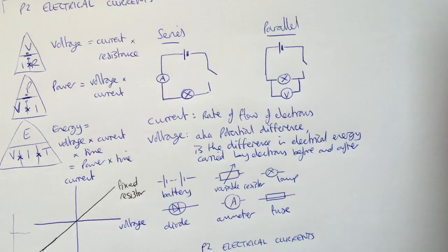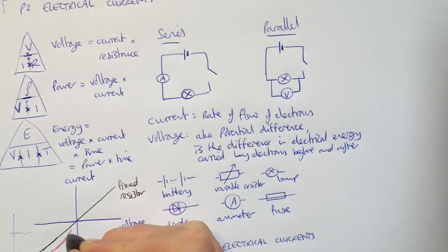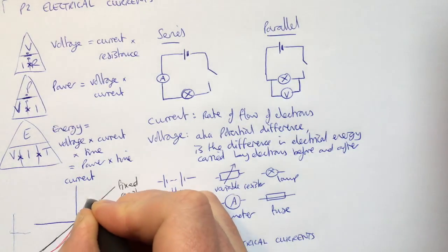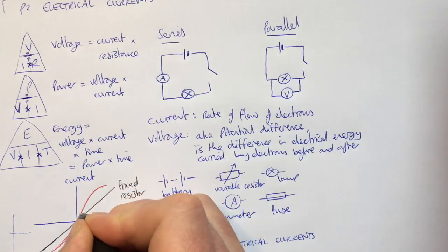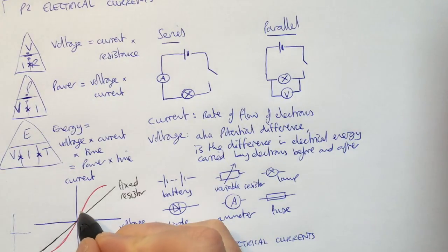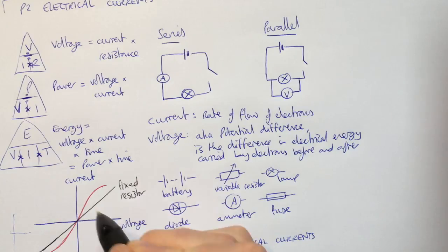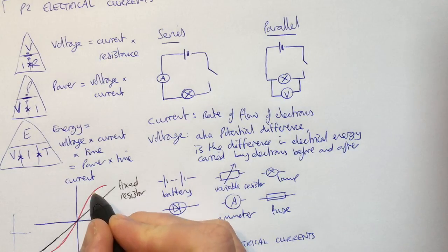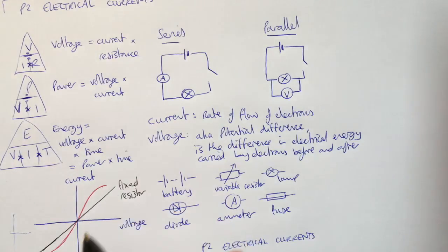Another common one is a line that looks like this, so it starts off flat, gets steeper, straightens off for a bit, and then flattens off again. So if we just look at the positive section of the graph here, as voltage increases, current increases proportionally to start with, but then as we get into a higher and higher voltage, the line flattens off, so it's harder and harder to push a bigger current through.